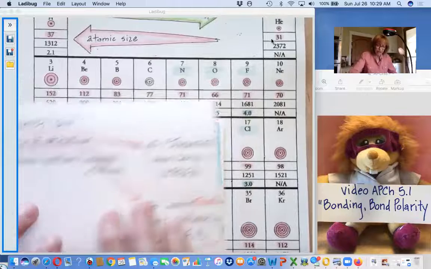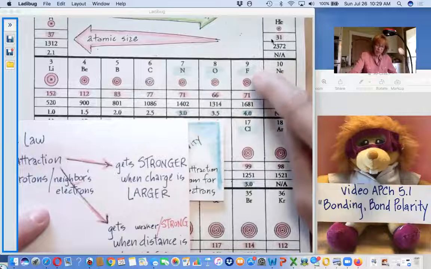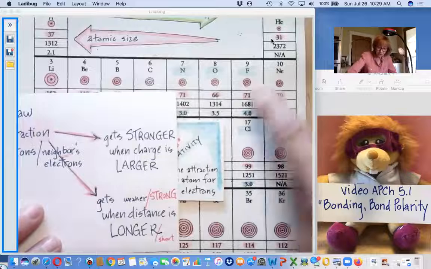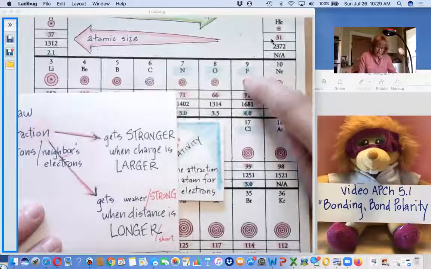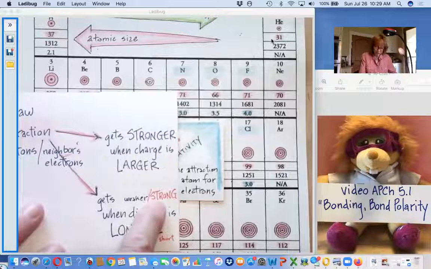So just think about fluorine for a minute, tiny little fluorine atom. Because its protons are going to be a very short distance to the neighbor's electrons, just because it's so tiny, that short distance helps the force of attraction to be strong.